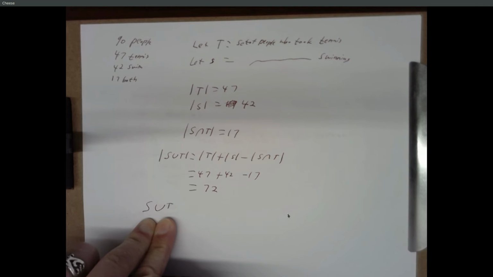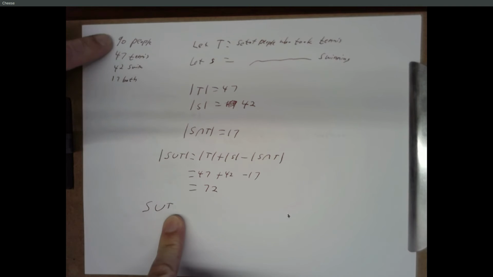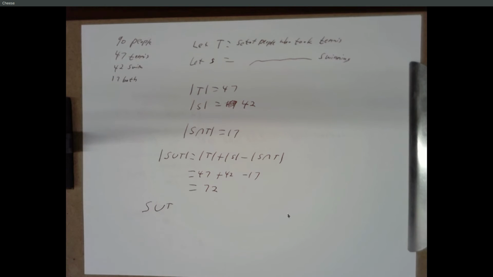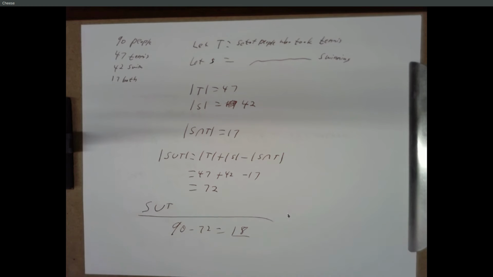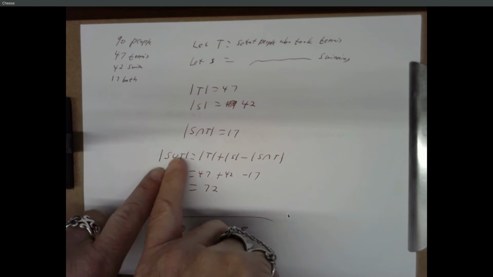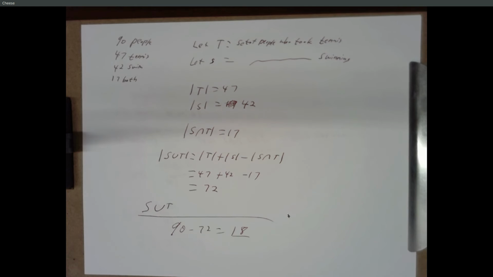So if you subtract the number of people in this set from the total, that gives you the number who took neither. 90 minus 72 is 18. Or if you like, it's the complement of this union in the universe of people.